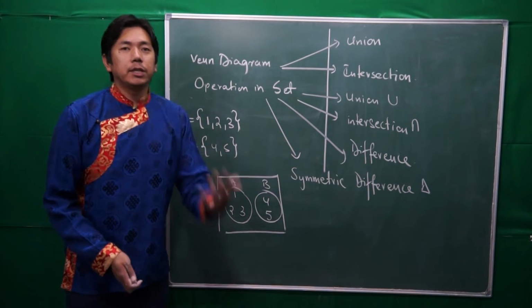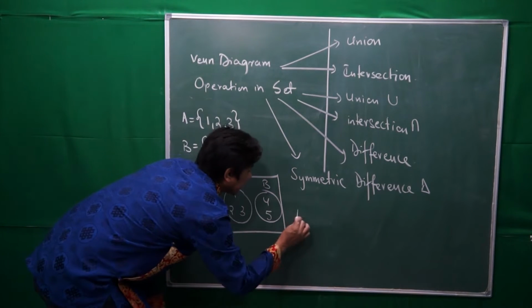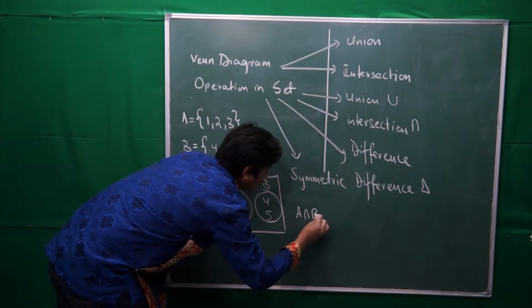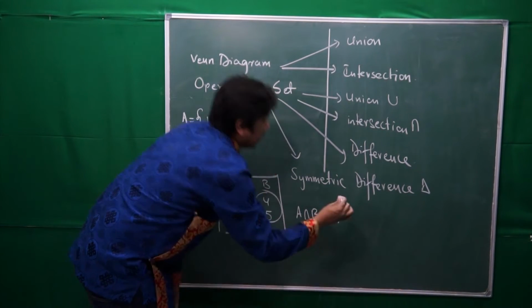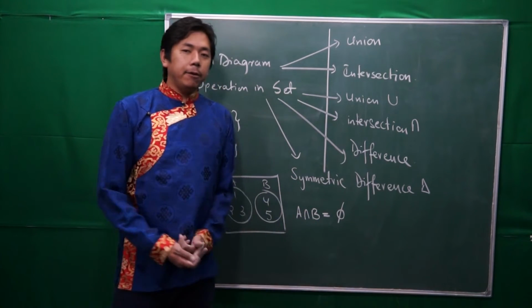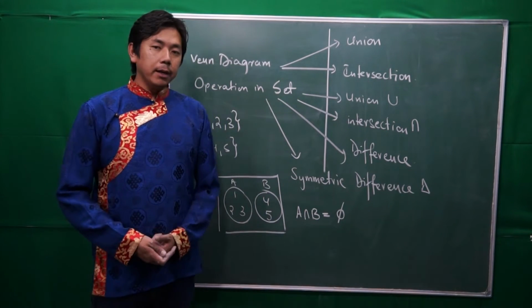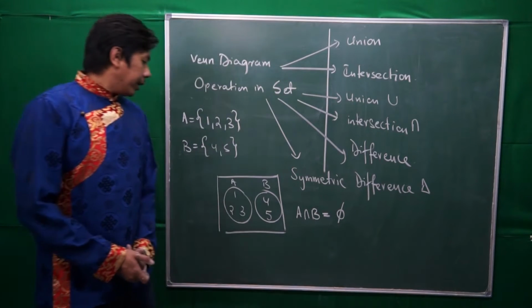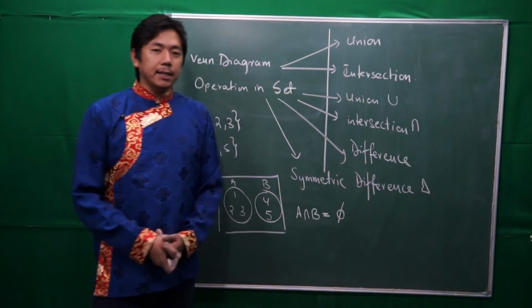So the result of the intersection of set A with set B would be a null set. Now this symbol is a null set. Everyone remembers it. We talked about it earlier as well. So A intersection B would be a null set. Reason?